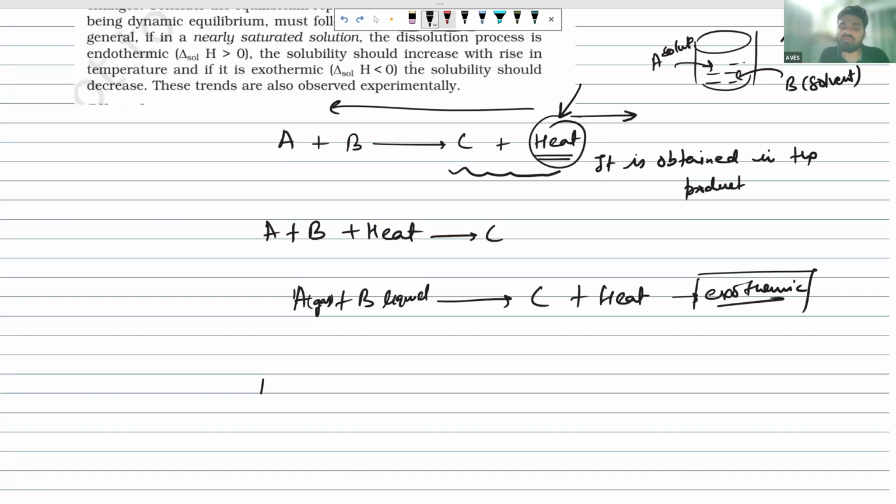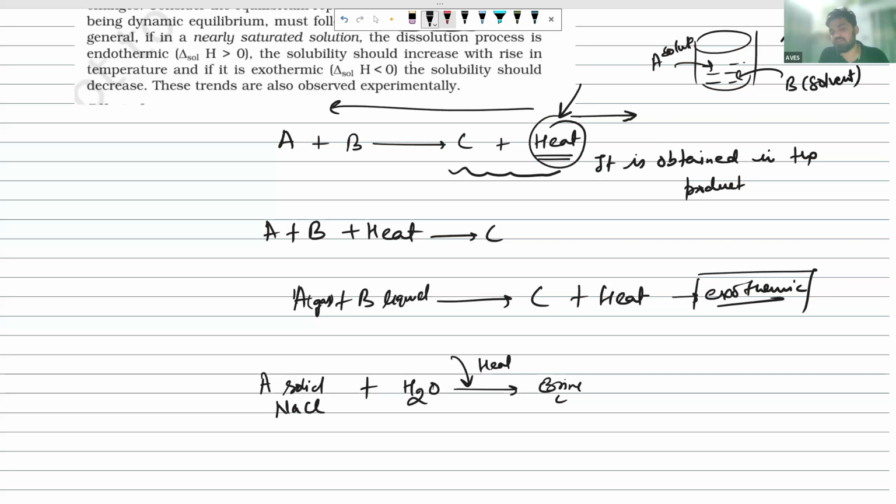So for example, if A is a solid like NaCl and I dissolve it in water, it gives C as brine and the temperature decreases. Temperature decreasing means it is absorbing heat.